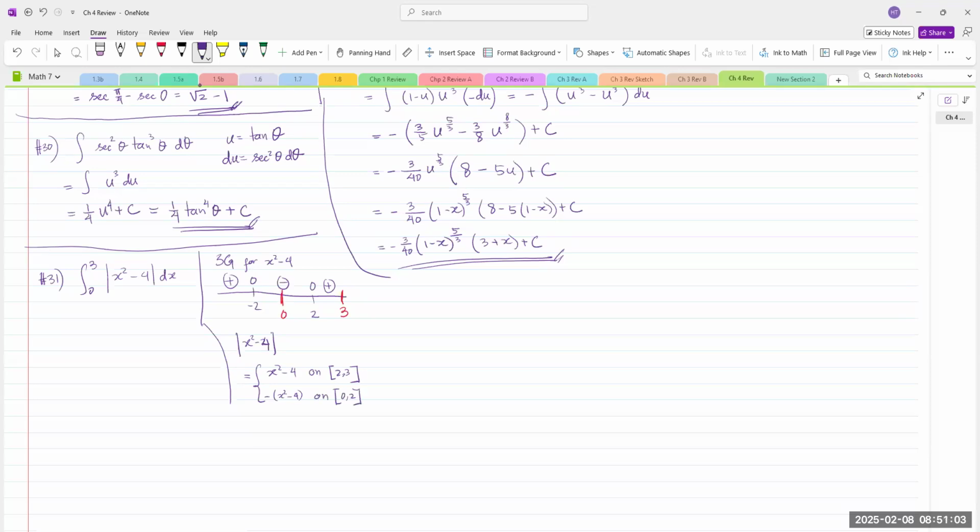Now with that mindset, we break this integral up: it becomes integral from 0 to 2 of negative (x squared minus 4) dx plus integral from 2 to 3 of x squared minus 4 dx.